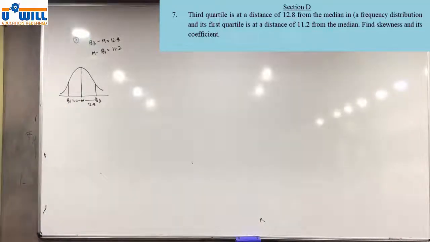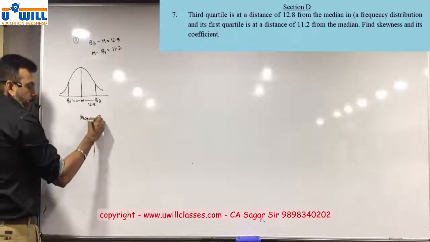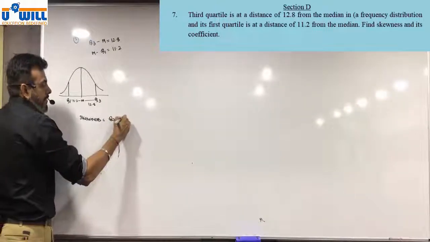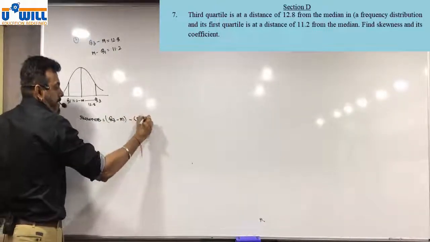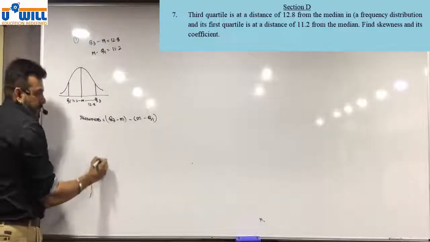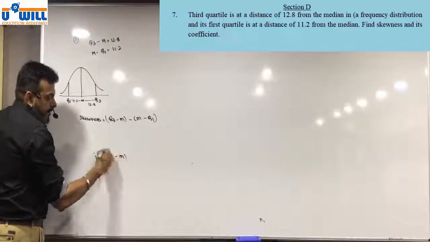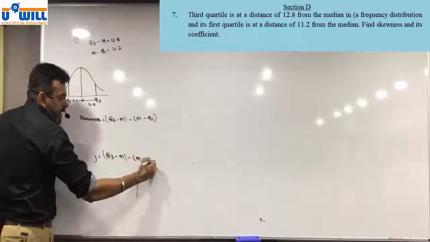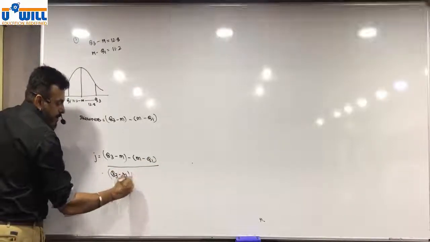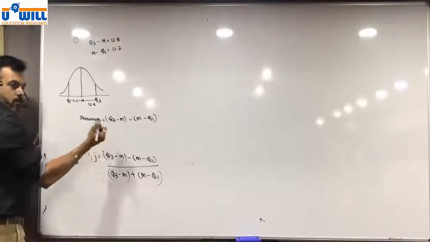Now, the formula: skewness is equal to, by Pauli's method, Q3 minus M minus M minus Q1, and coefficient J is equal to Q3 minus M minus M minus Q1 upon Q3 minus M plus M minus Q1. Can we solve this?